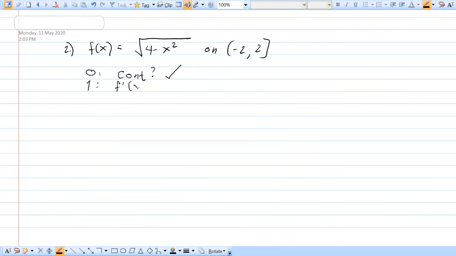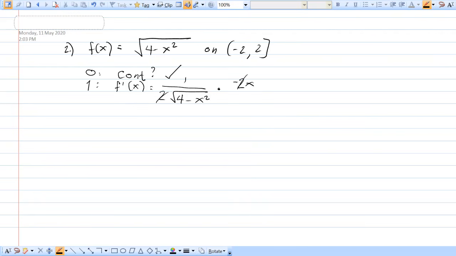So, for step 1, kunin natin again yung critical numbers. So, get f prime of x. This is equal to, derivative niyan, 1 over 2 square root of 4 minus x squared times chain rule, we have negative 2x. Tama? So, cancel na natin yung 2 para mas madaling tignan. Okay.